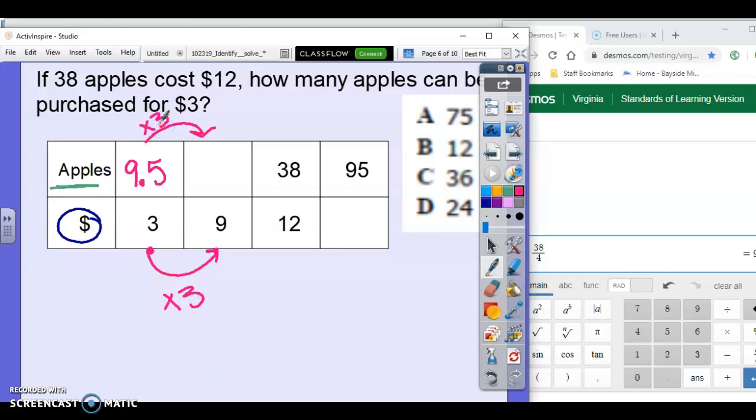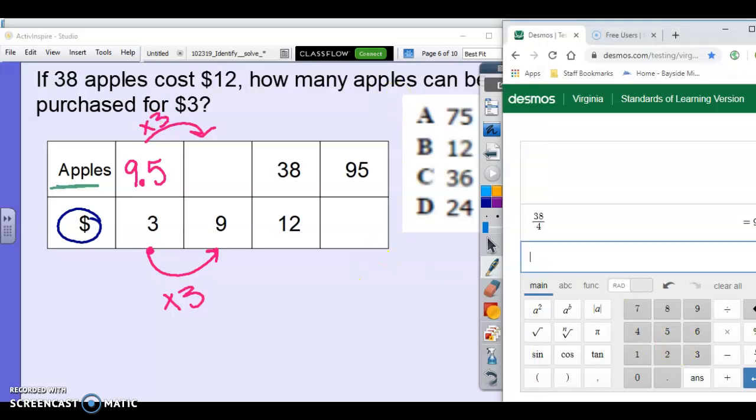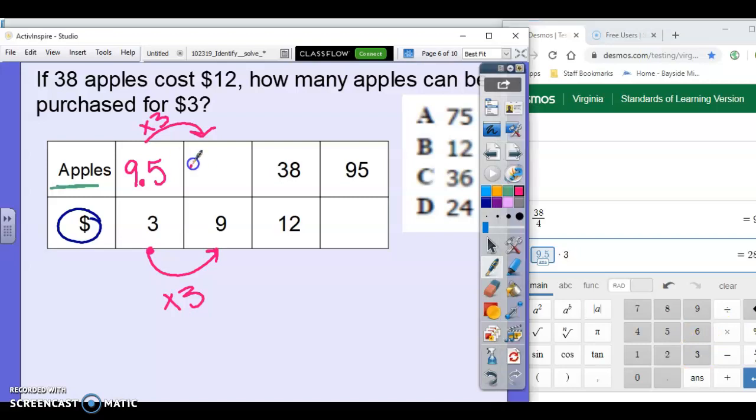So you need to figure out what is 9.5 times 3. Here's a trick on your calculator. This is already the answer, so if you hit this answer button, it'll bring down that answer. And then we want to say times 3. And that gives you 28.5. Okay, so now we're only missing 1 more box.